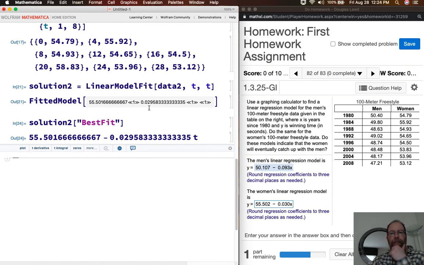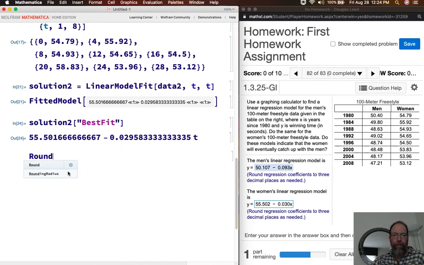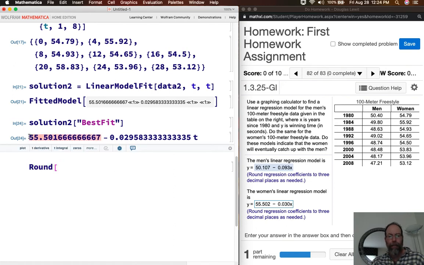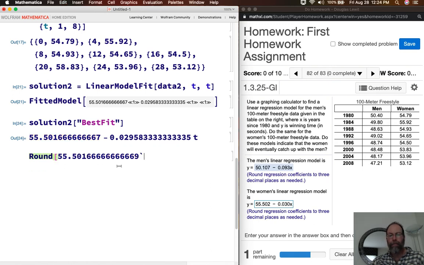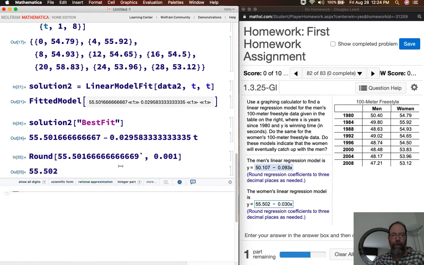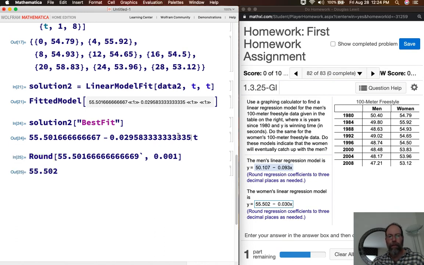That is very, very weird. Okay, did I round incorrectly? Let me do a copy and paste. It's possible. Strange. No, the rounding seems to be okay.